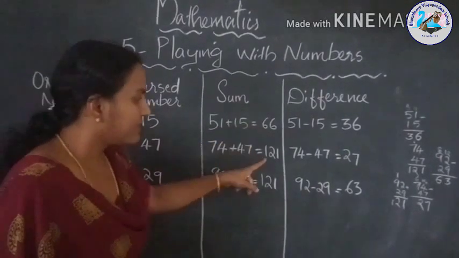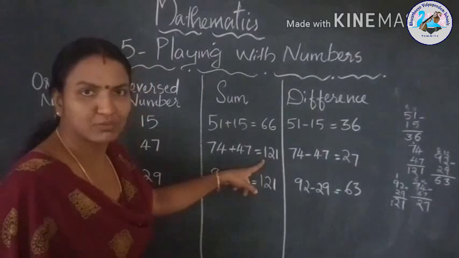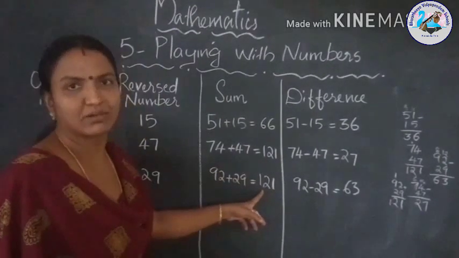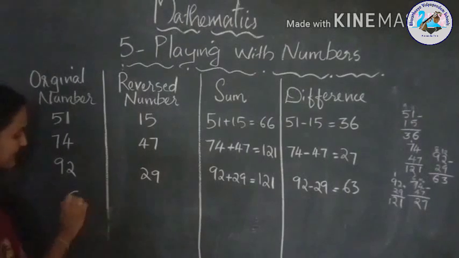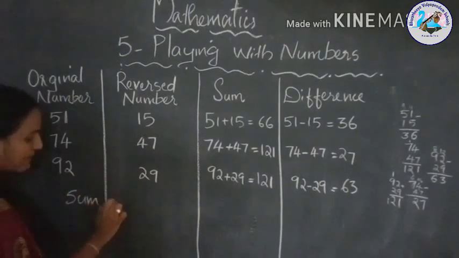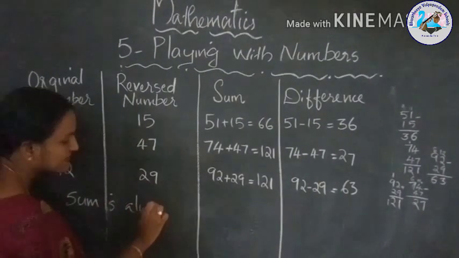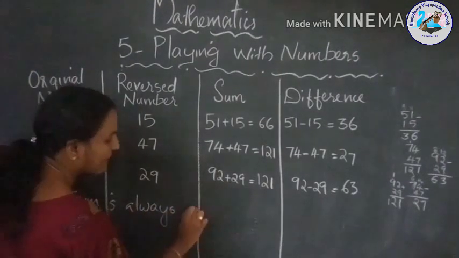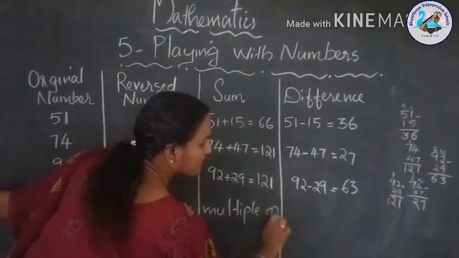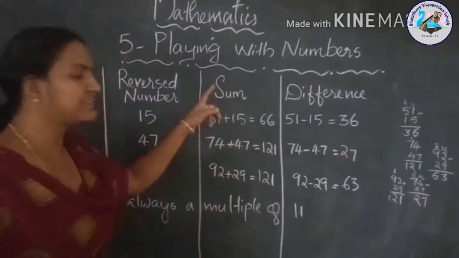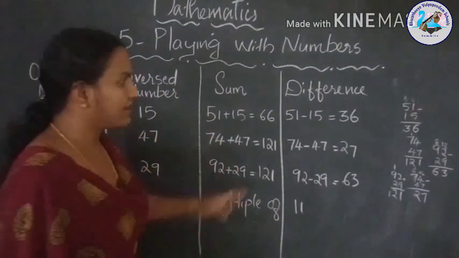Then 11 11s are 121. So the sum is always a multiple of 11.